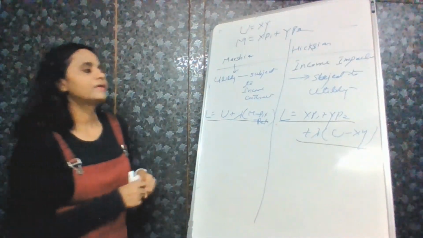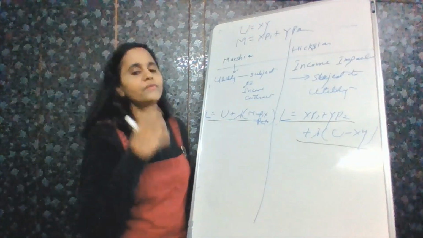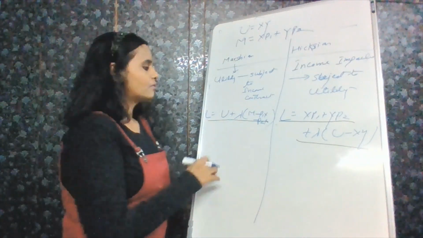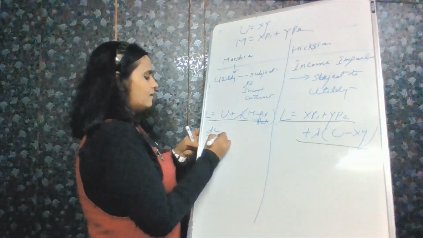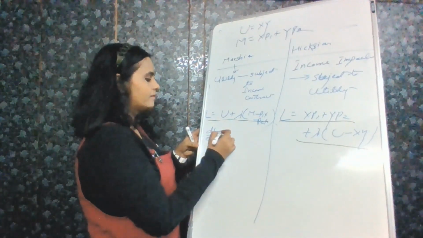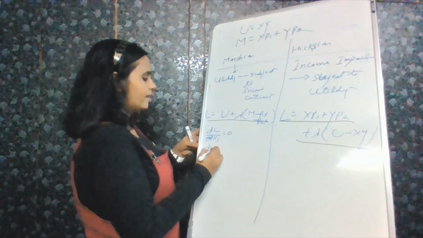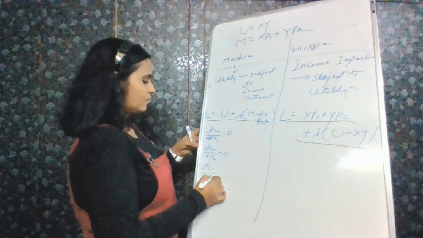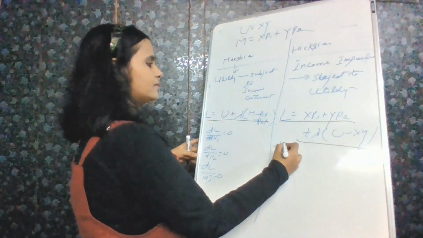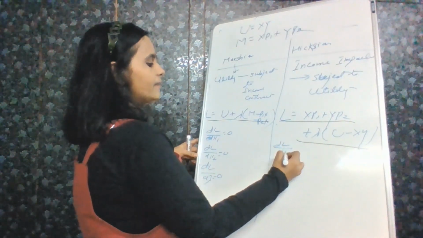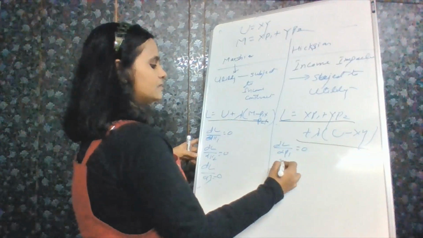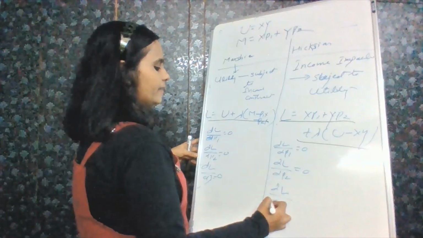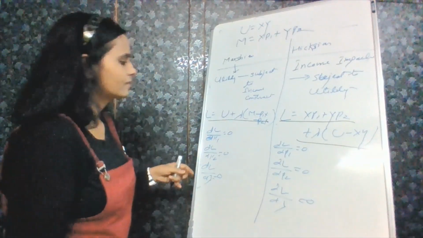Now we have seen already how to solve this Lagrangian function. We are going to do the normal calculation, where dL by dx equals 0, dL by dy equals 0, and dL by d lambda equals 0.